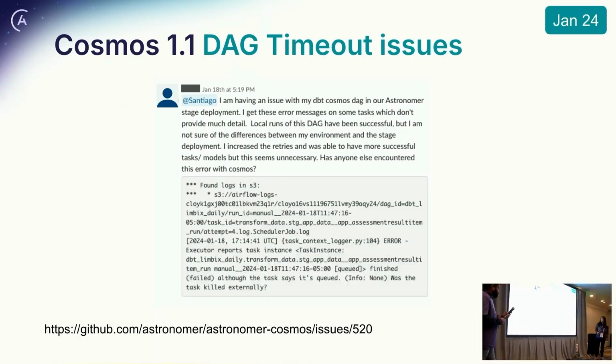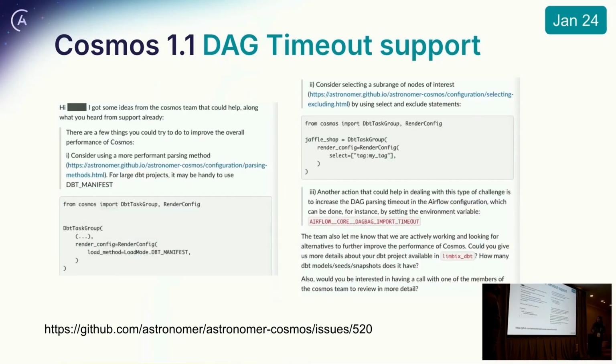Okay, so performance hurdles. Throughout this, we had lots of feedback from users. A very common issue that we received, both in Slack within and outside of Astronomer, was: my task is being killed when I'm using Cosmos. Why is that happening? And then we would usually try to say, okay, you have a few options. Have you tried to use the manifest file?